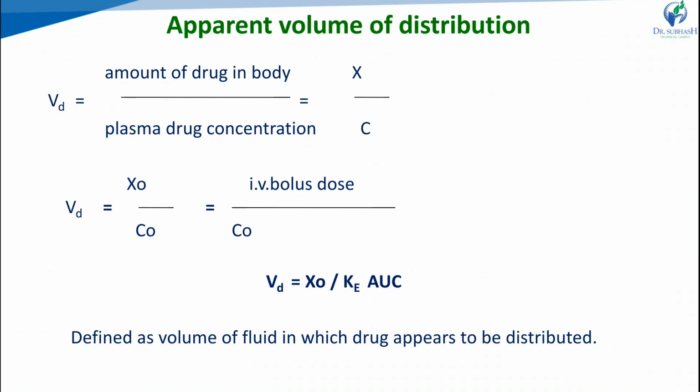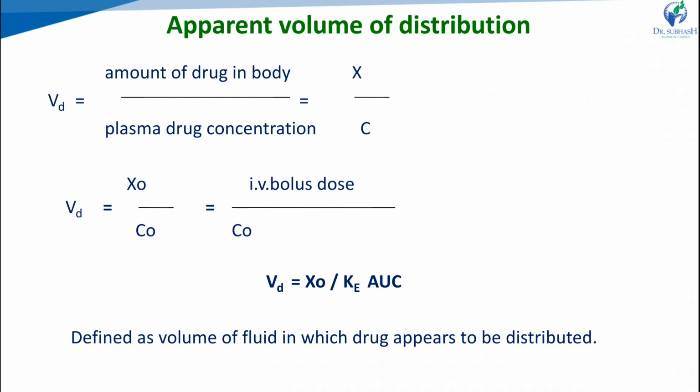So the terminology is there, the apparent volume of distribution. It is defined as the volume of fluid in which the drug appears to be distributed. There are two primary parameters, the apparent volume of distribution and the clearance. So the equation for volume of distribution is Vd is equal to x upon C, the amount of drug in the body divided by plasma drug concentration.